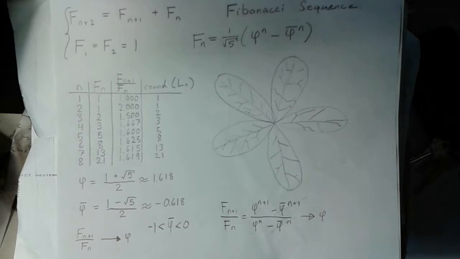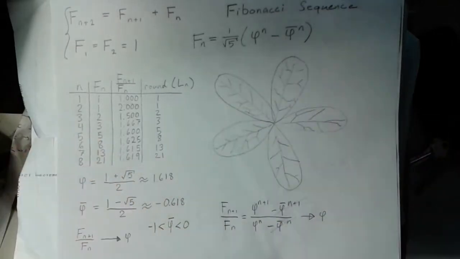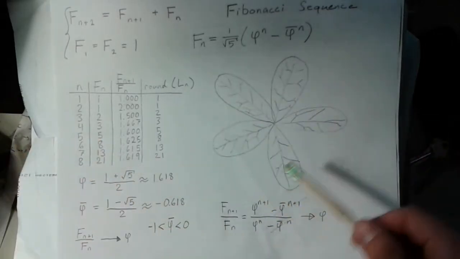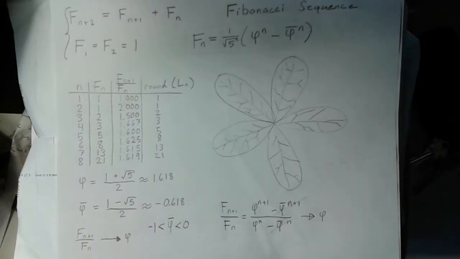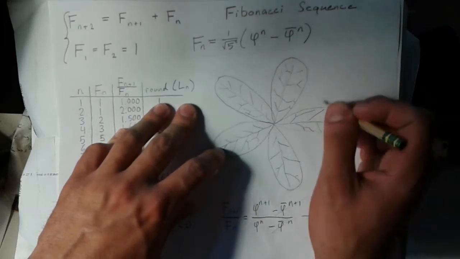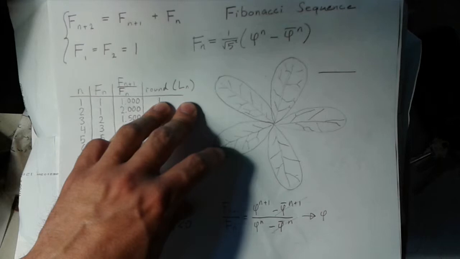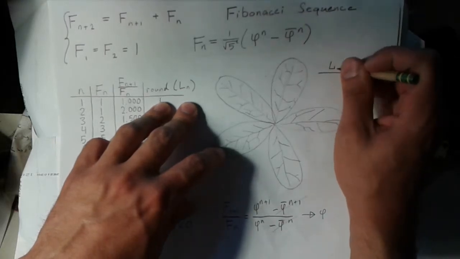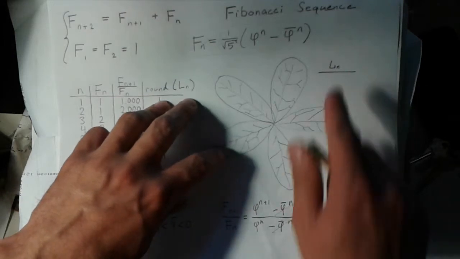So let's say I'm a plant and I have a certain amount of sides here, like 5. 5 is good, but I'd rather have more, because I'm a plant and that's what plants want. So if you look at the amount of leaves I have, I'm going to represent this by a line segment here, and I'm going to call its length Ln for the amount of leaves.